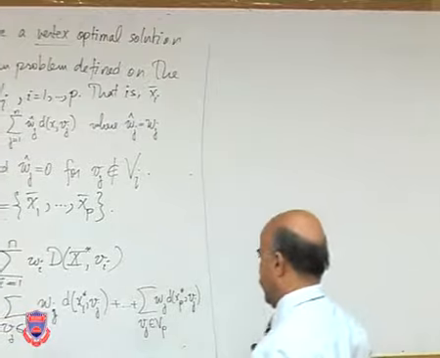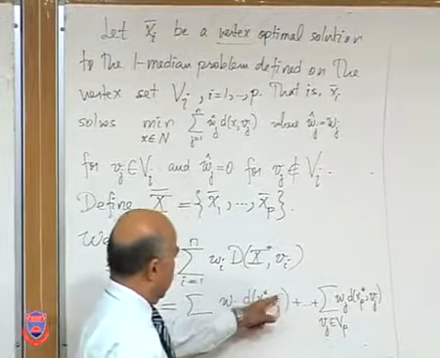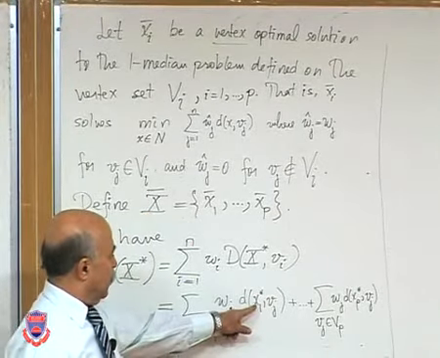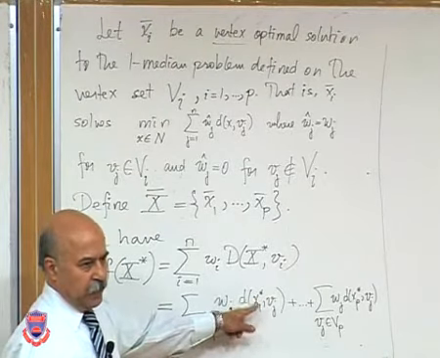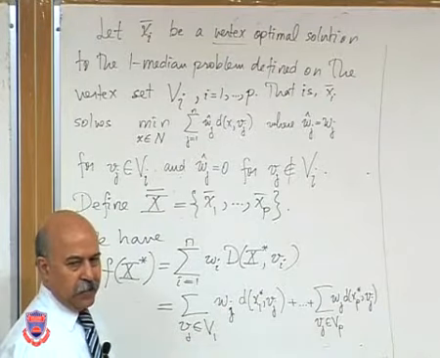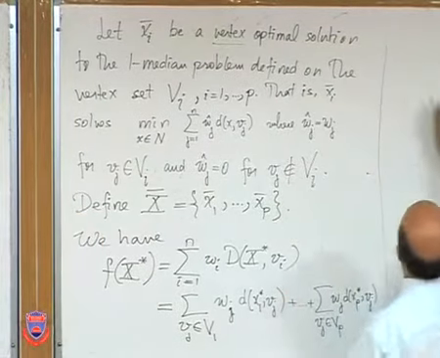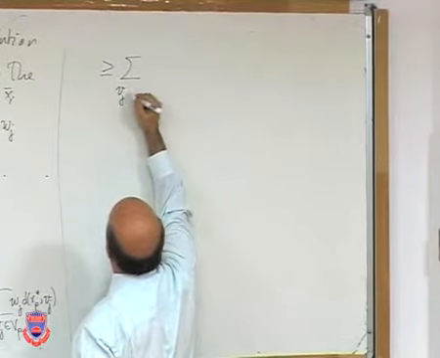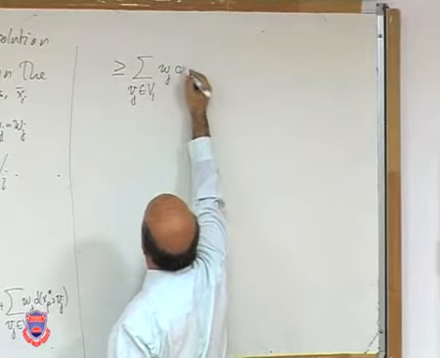All right, so let's see what we want to do from here. Now, when you look at the first subproblem, if you replace x1 star with x1 bar, what happens to this summation? This summation is greater or equal to that summation. Does everybody agree with that? Clearly it is greater or equal to the summation of wj d(x1 bar, vj), in the first partition.